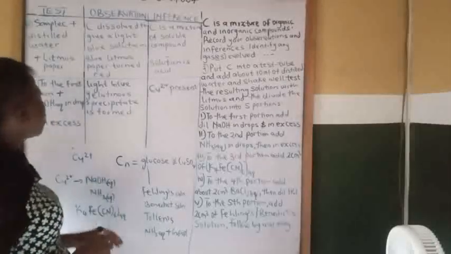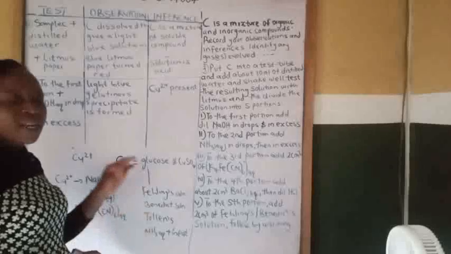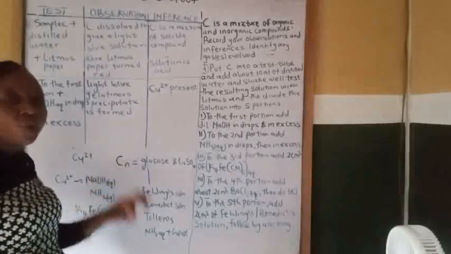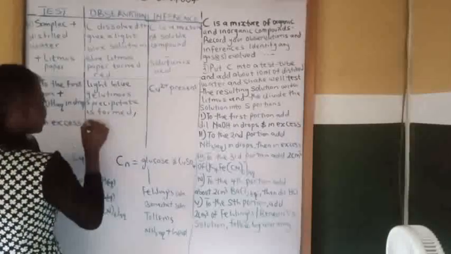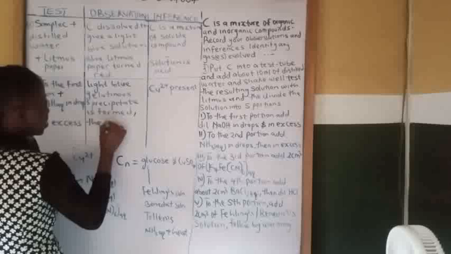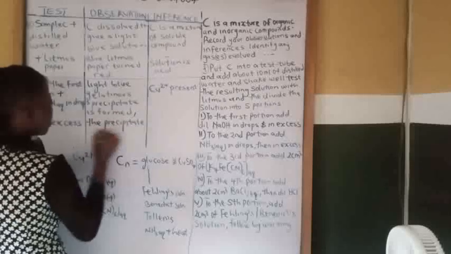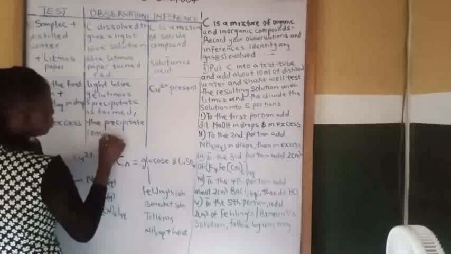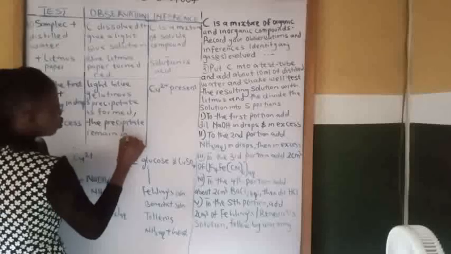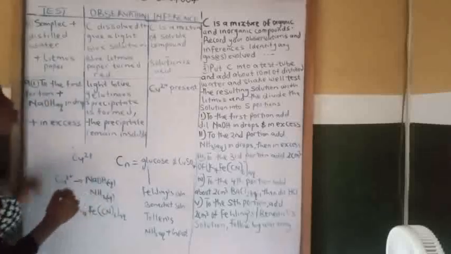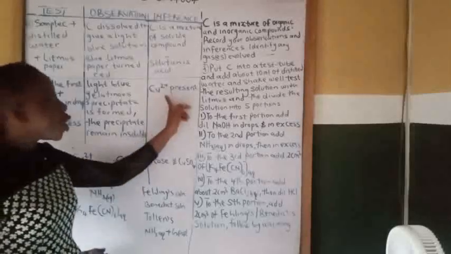Don't forget that both in drops and in excess, the light blue gelatinous precipitate will remain insoluble. So the precipitate remains insoluble. So our inference is still copper.